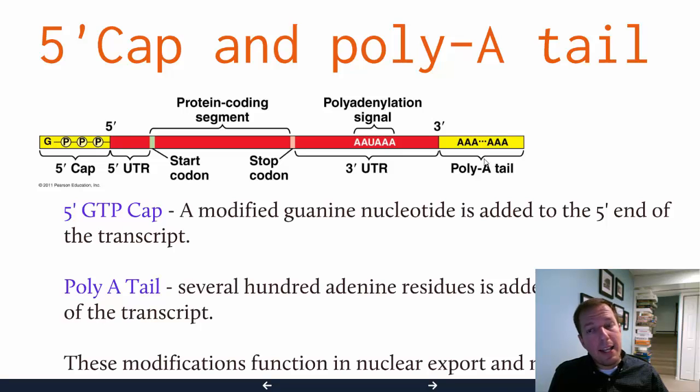So the presence of that poly A tail is important to ensure that if those enzymes come and chop off some little nucleotides at the end of the strand, they're not going to affect the important protein coding segment, which is found within the middle of that chain.